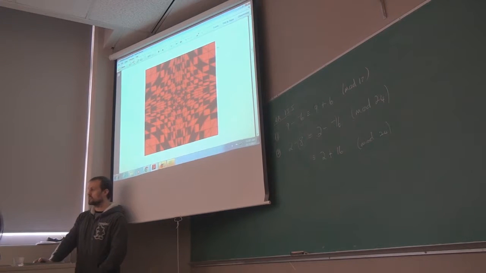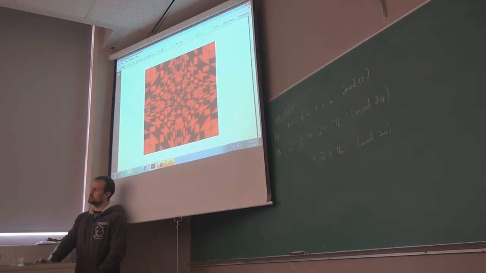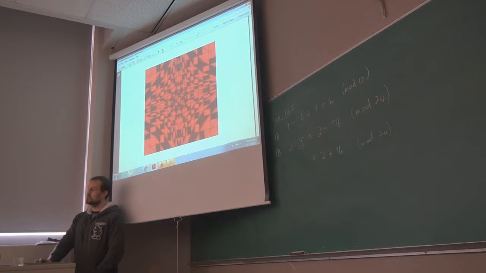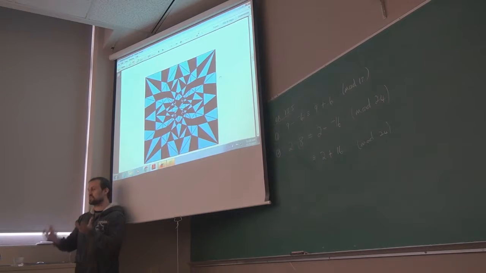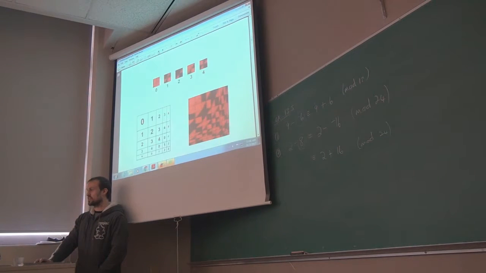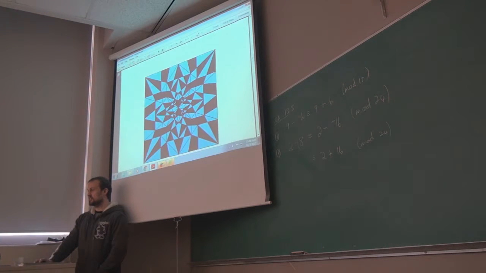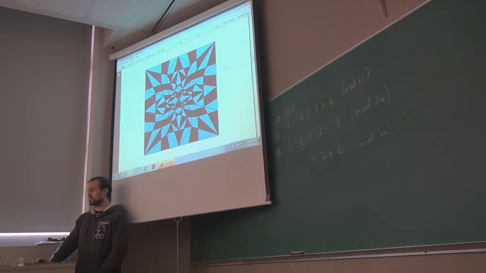So you can create a lot of different, not illusions, but sort of nice art using this underlying simple arithmetic. This one, I can't quite see how the underlying table was distorted and what the actual pieces are, but it makes it even more artistic.